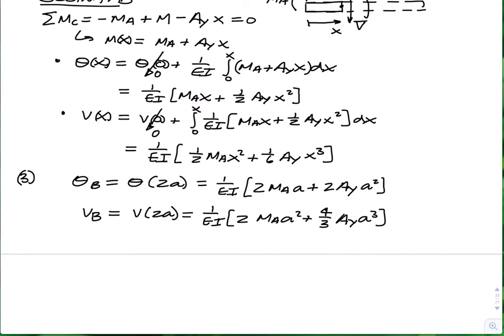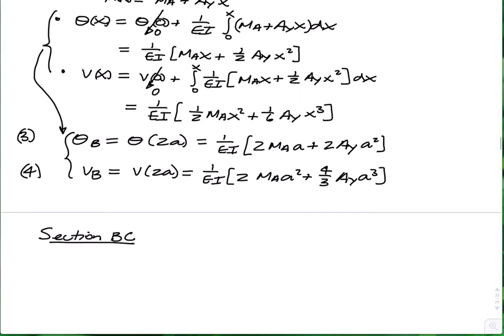So these are two things that come directly from here. I simply put in x equal to 2A because I know I'm going to need that, because whenever I start my integration for section BC, those are going to be my boundary conditions on the left-hand side.